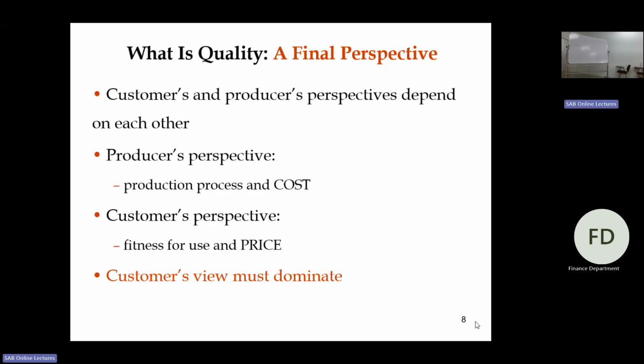The ability of the product or fitness of the product to meet the requirements. Fitness of the product.